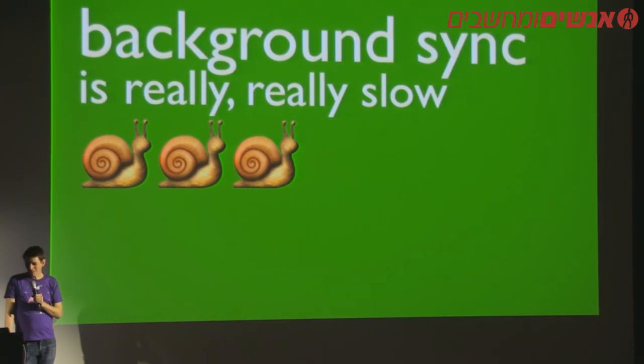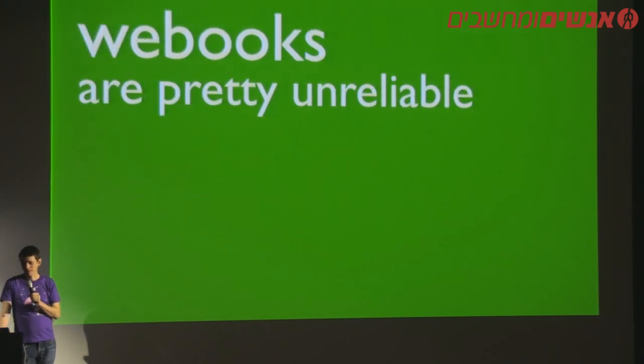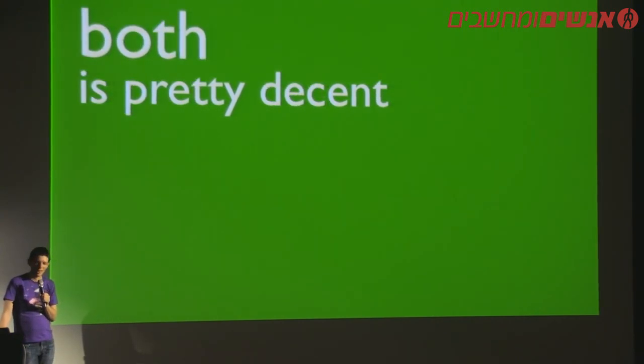So after discovering that that didn't really work and that webhooks are pretty unreliable, we wound up using both a background process and webhooks, and that turned out pretty decent. So most of the time when you gem push, you can then bundle install that gem in the next like 5 seconds.